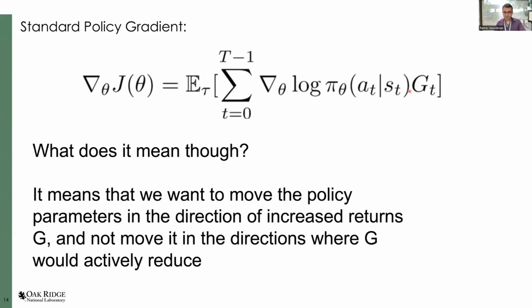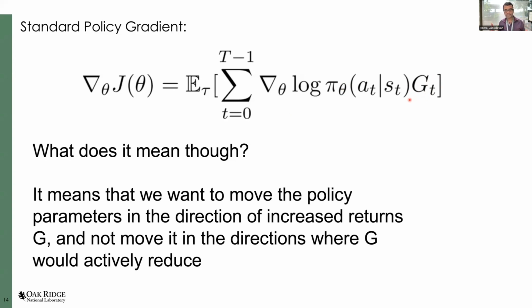This return function G of t is what I mentioned in the last slide as R. If the parameters of our policy are good, then these returns, this G of t or R of tau, would be good. So we want to move the policy parameters in the direction where these returns become good and discourage movement in directions where these values become bad. That's all this is saying.